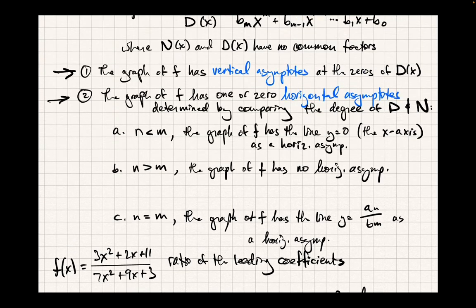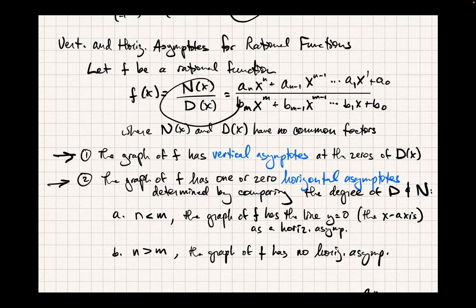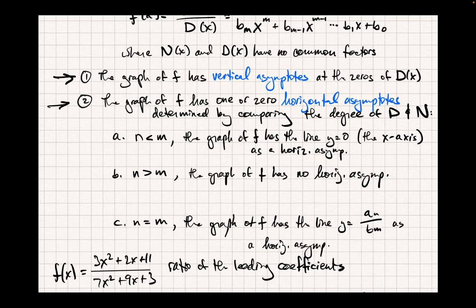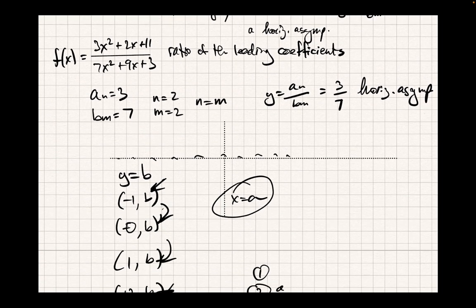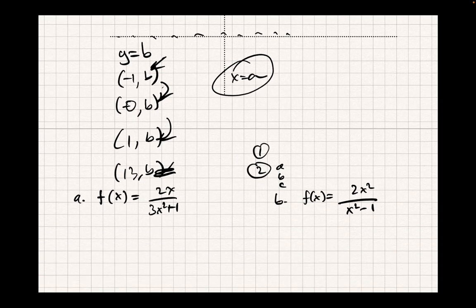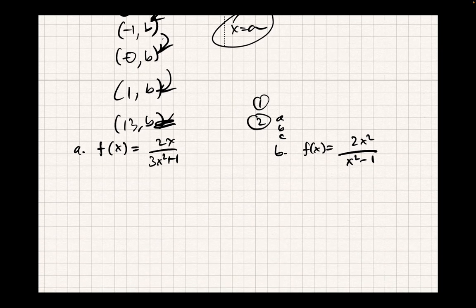If the denominator never causes your rational function to blow up, then there are no vertical asymptotes. It's only when the denominator is 0. That's why we say the zeros, because it could be plural, of the denominator. If it has one or more, those are your vertical asymptotes. If it has none, then you have no vertical asymptotes.